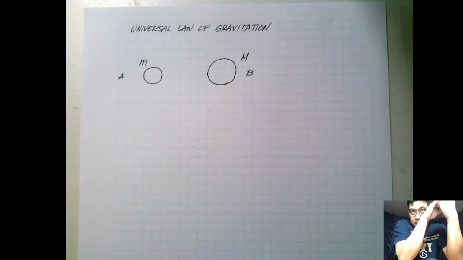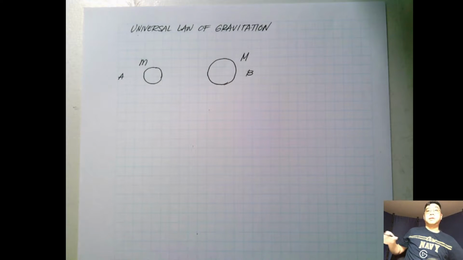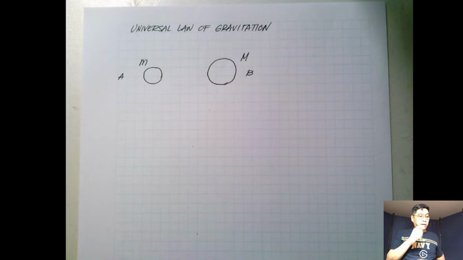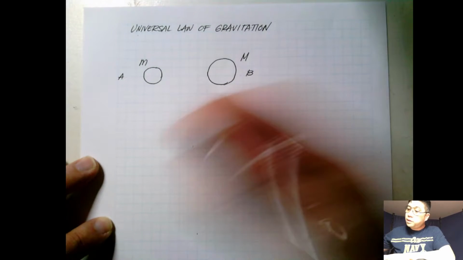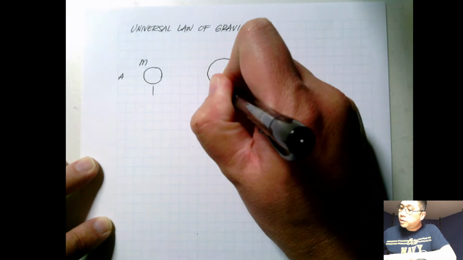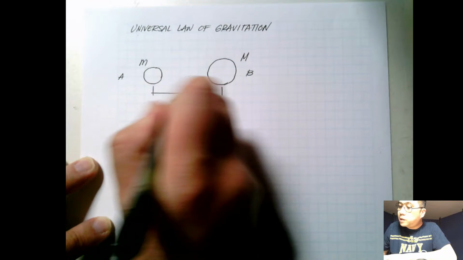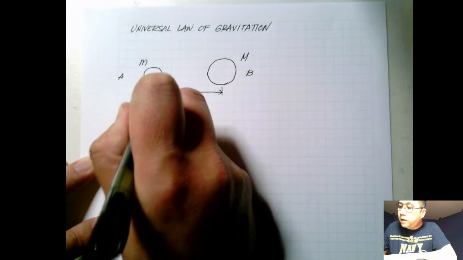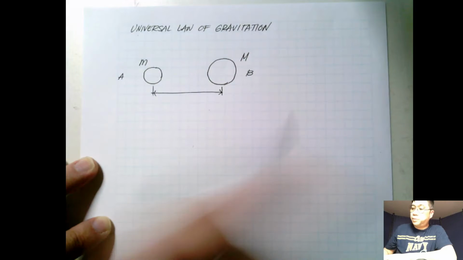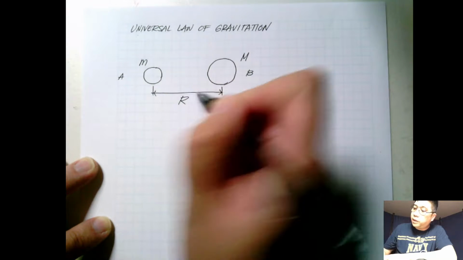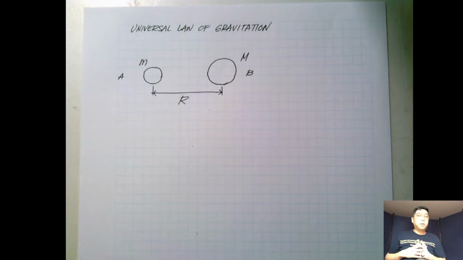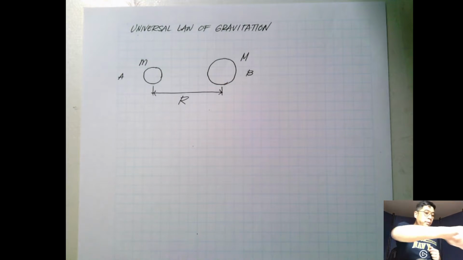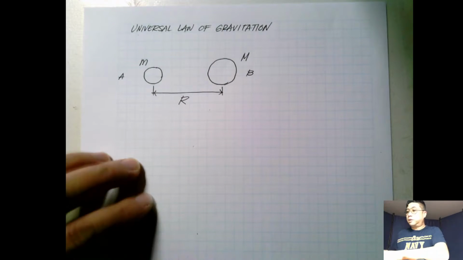Or if the masses are the same, just appoint which one is m and which one is M. These two objects are separated by a space, and that distance between them can be represented by the letter r.